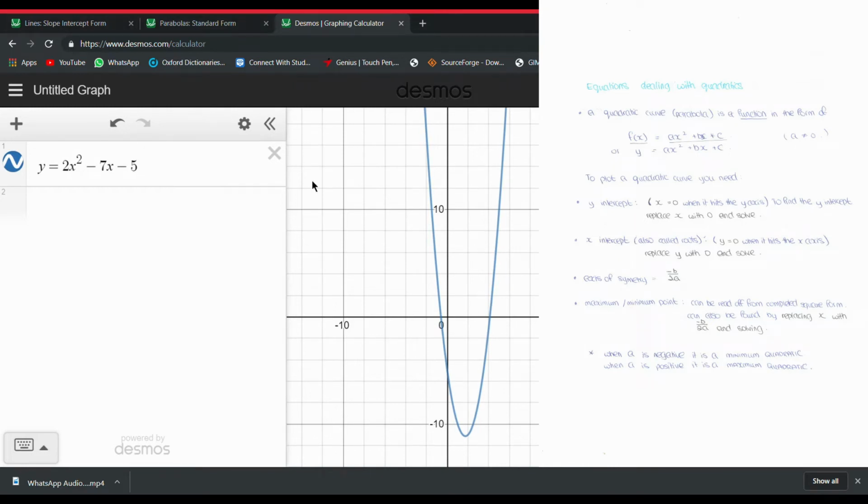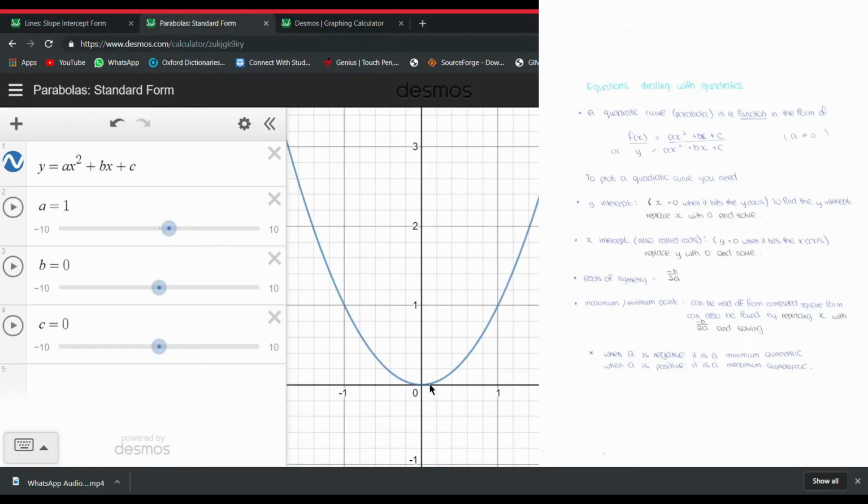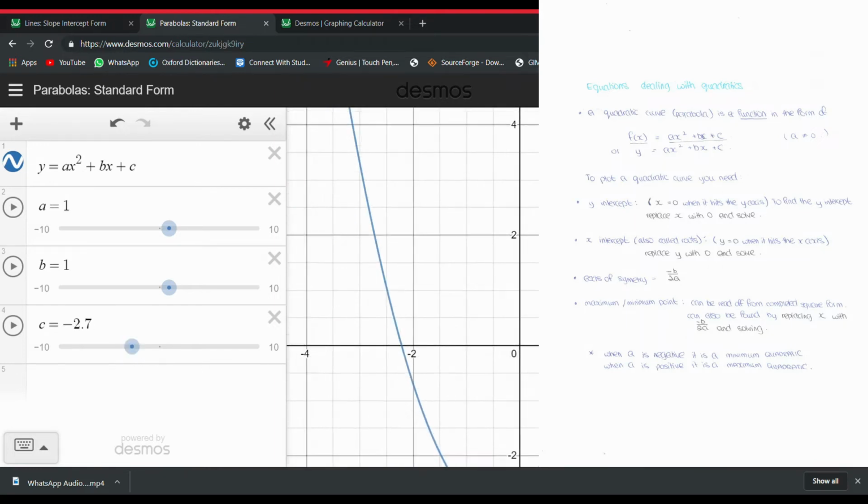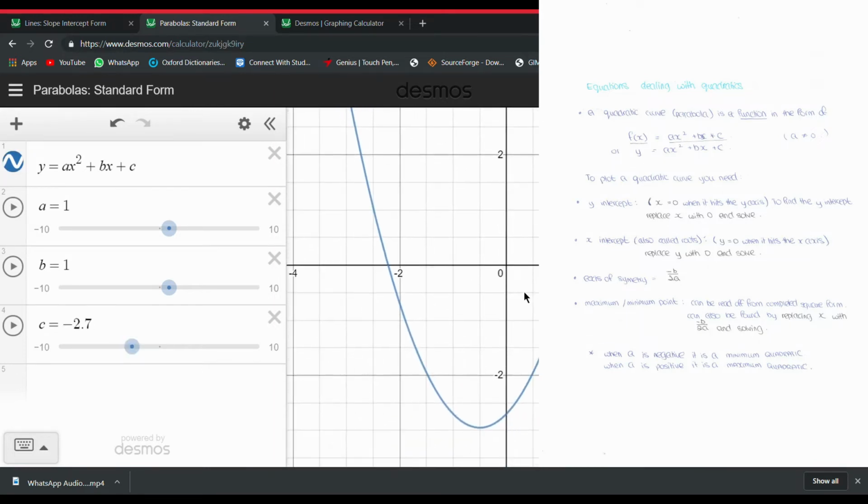The first thing that you have to find is the y-intercept, and that is where this line meets the y-axis.